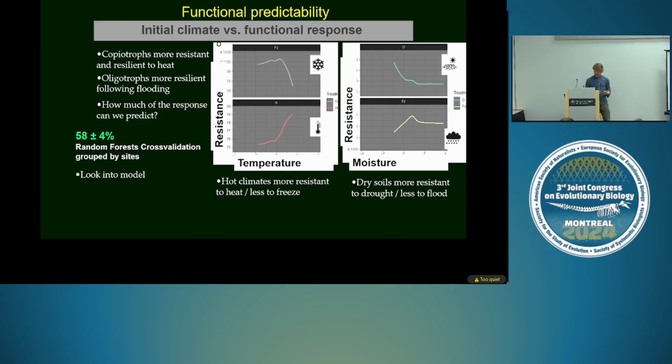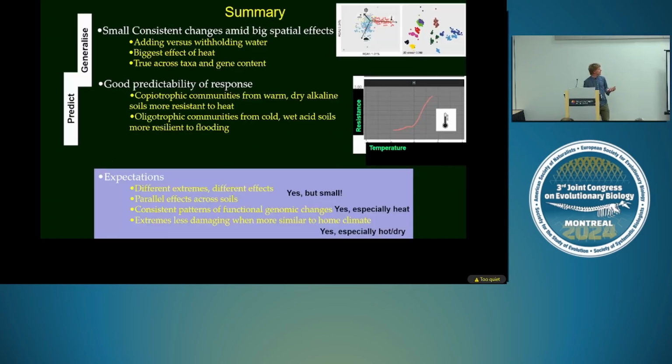So that hypothesis is mostly correct. So we can actually predict quite well what's going on. So leave that summary, but yes, there are different effects, but it's really small, but it is predictable, especially for heat, and particularly hot, dry climates are responding differently or better to heat. I'll stop there. Thank you.